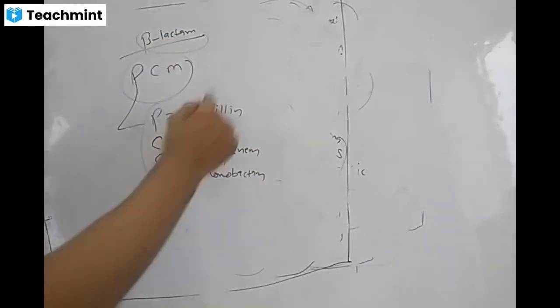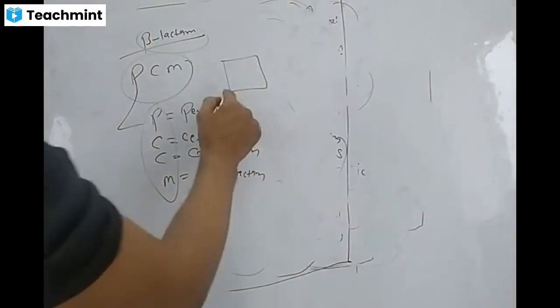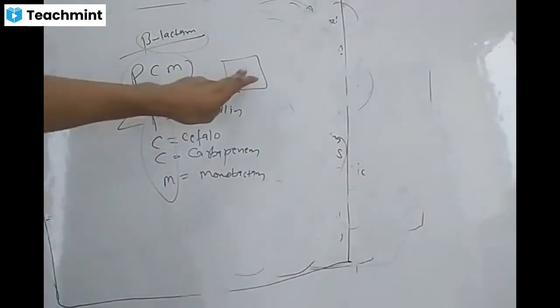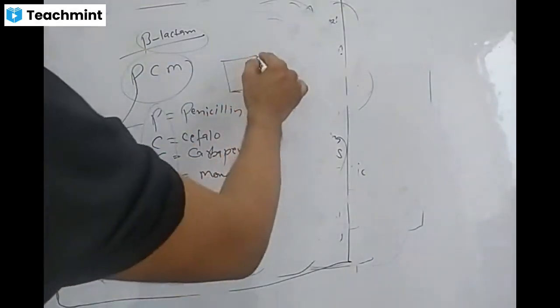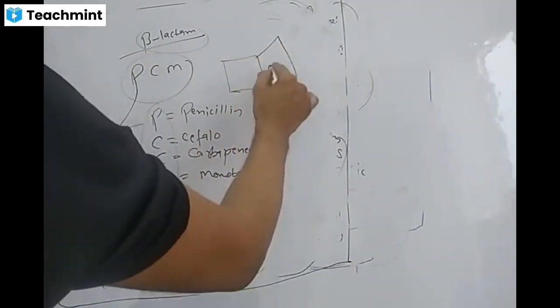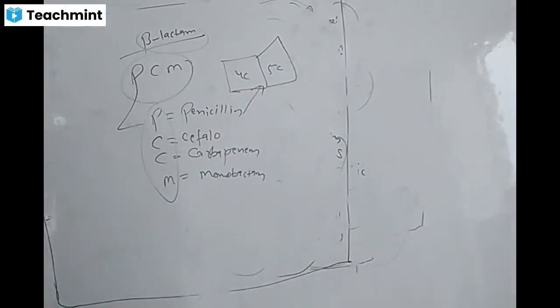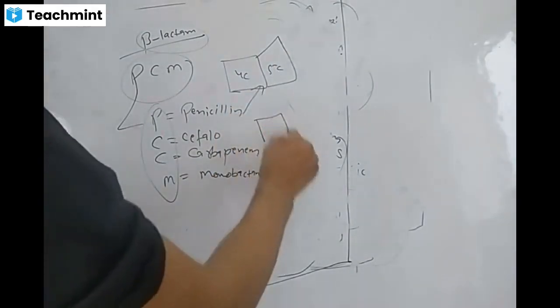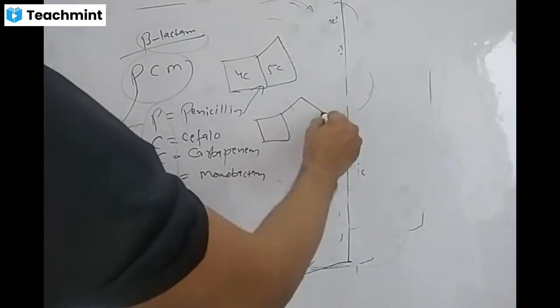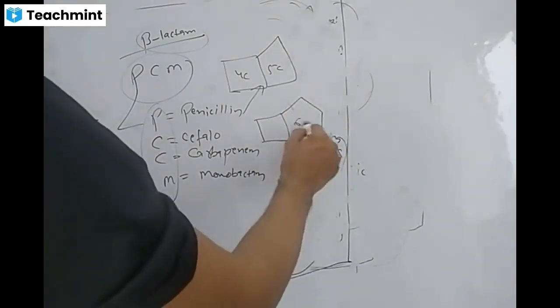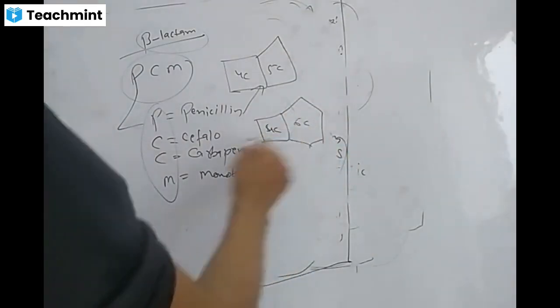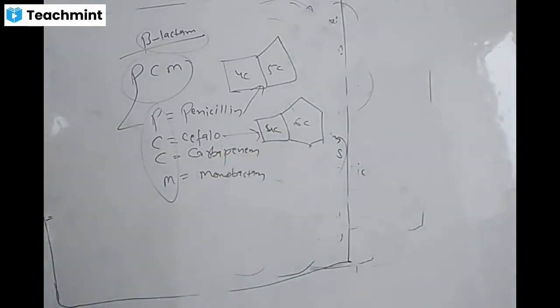Beta-lactam is a four-member ring. If we fuse this ring with a five-member ring, it becomes penicillin. If we fuse it with a six-member ring, it becomes cephalosporin.